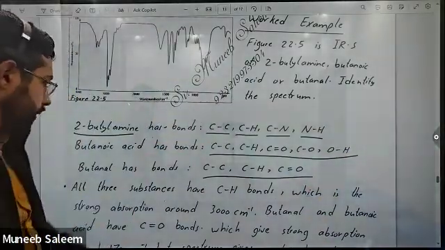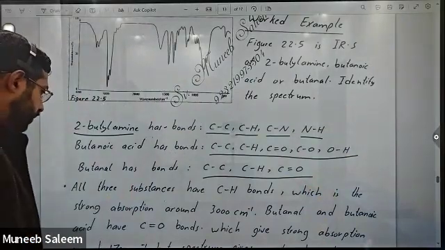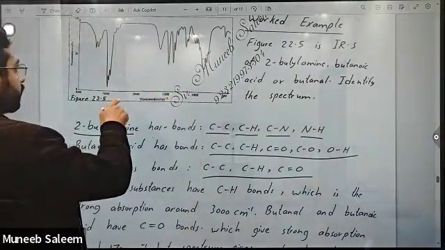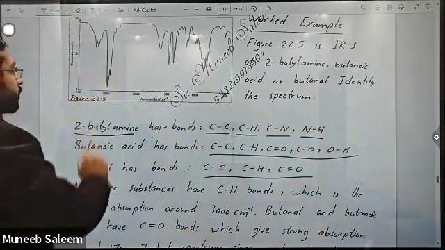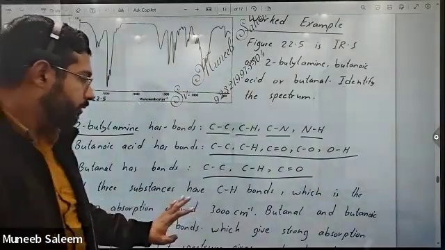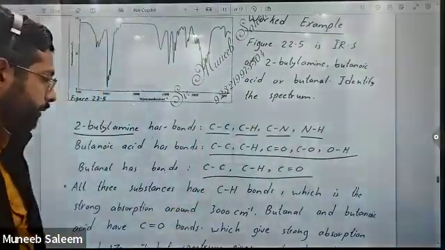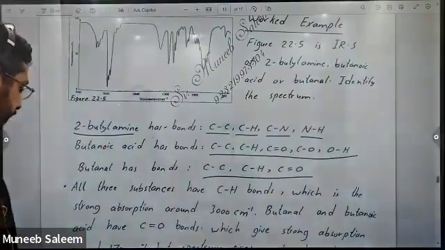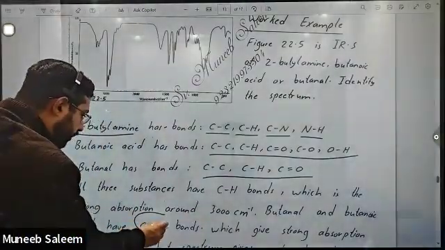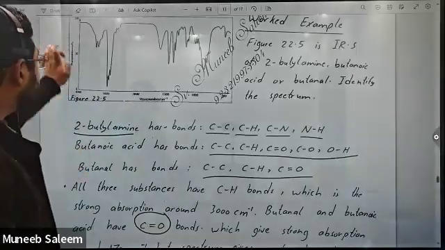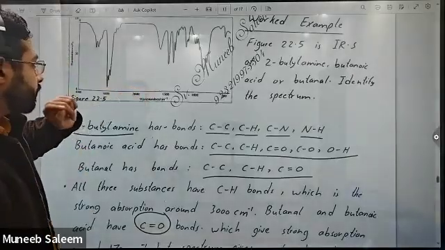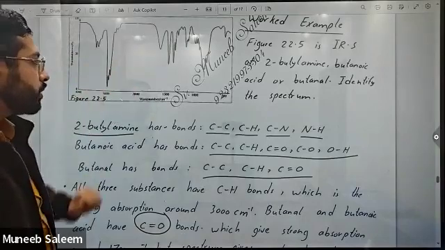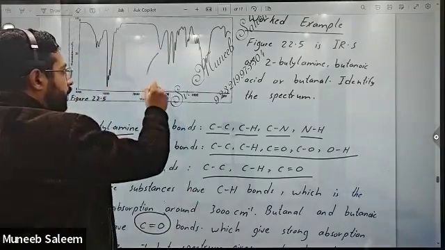So all the three substances have a CH bond, which gives a strong absorption around 3000 per centimeter. A strong absorption at 3000 per centimeter is visible here, so that is present in all of them. Butanol and butanoic acid should also have a carbonyl group present. And if we look here, there should be an intense sharp peak around 1700, which is not here, absent.